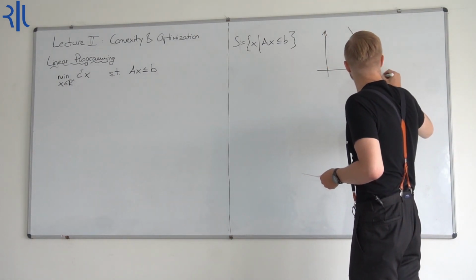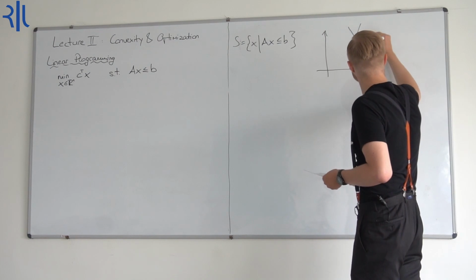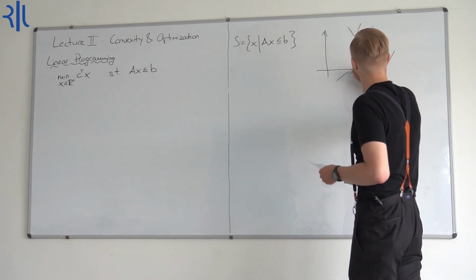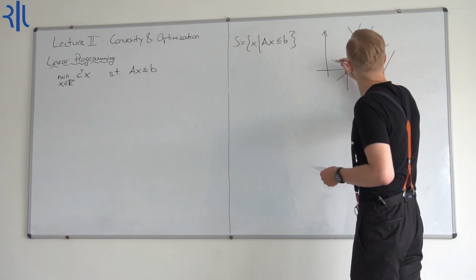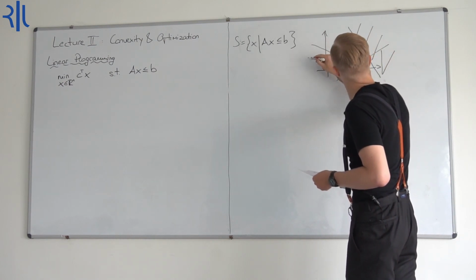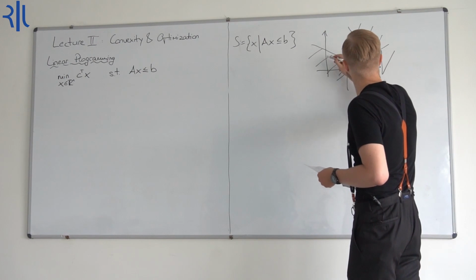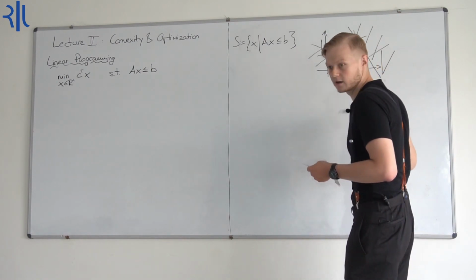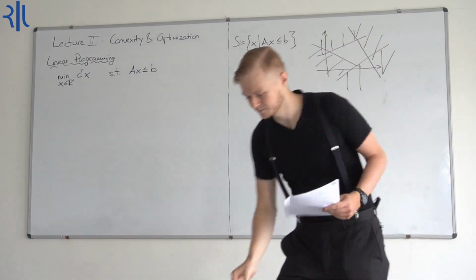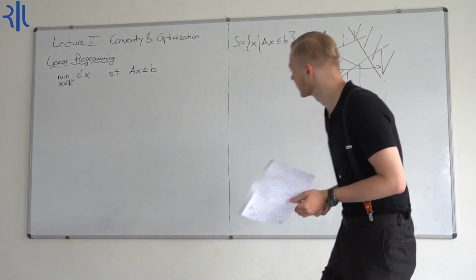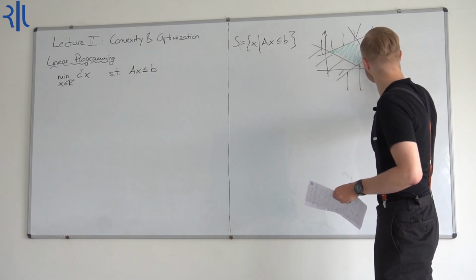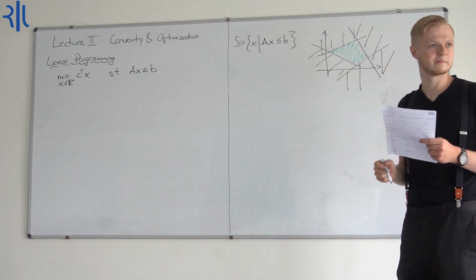If we cut off one half space, it means we do away with all of this. The next half space might cut away all of this. We can cut away all of this, and all of this, and what we end up with would then look like that.